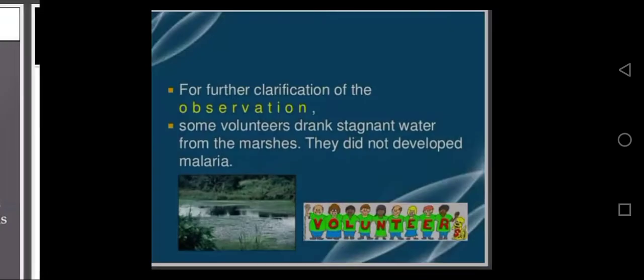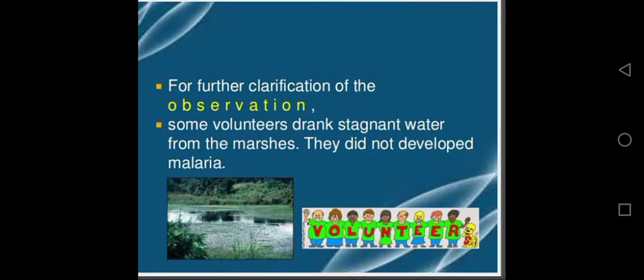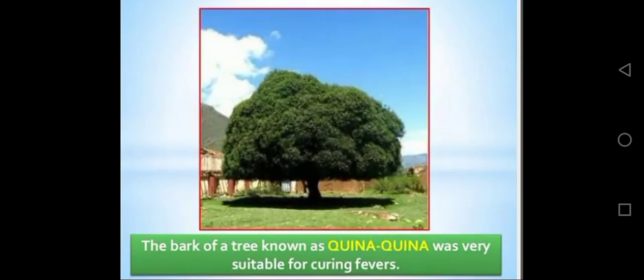So they took some volunteers to confirm it according to their resources at that time. Some of the people drank stagnant water, but they observed that nothing happened to them. So they tried to find a solution.